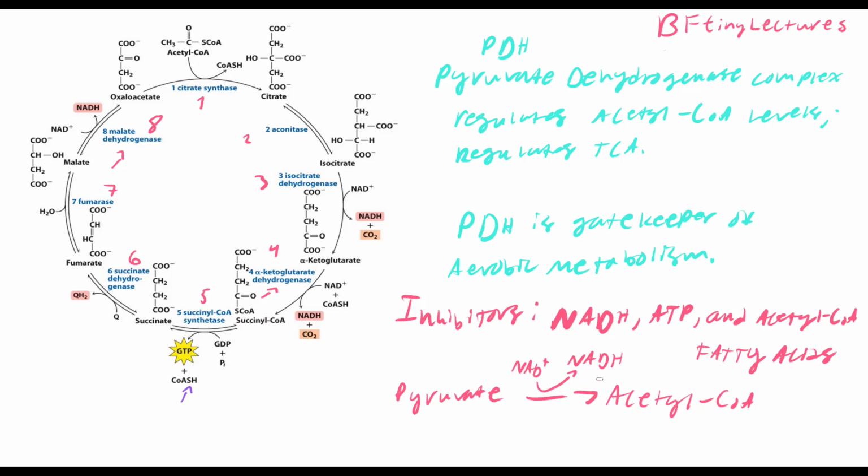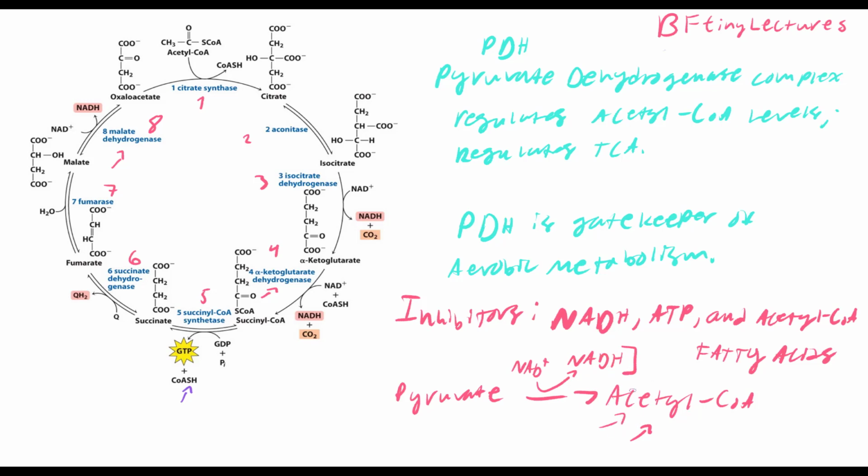Because if you have too many NADHs, you're not using your product. As you continue to use up your acetyl-coenzyme A's, your NADHs are used up as well, and therefore your NAD has to be used to create more NADHs, right? So if you have a buildup of this guy right here, then clearly you're not using this guy.